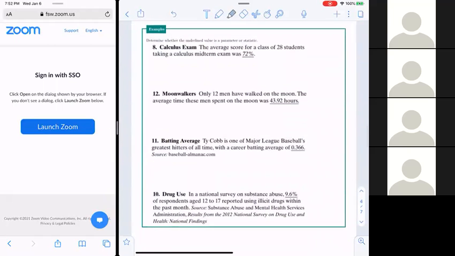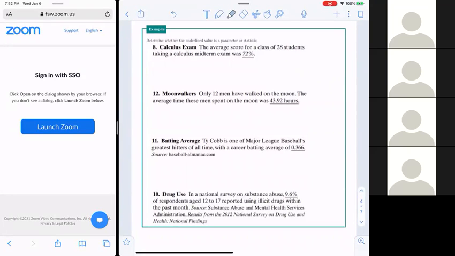Okay, so here are a set of examples, and we want to determine whether the underlying value is a parameter or a statistic. The average score for a class of 28 students taking a calculus midterm exam was 72%.